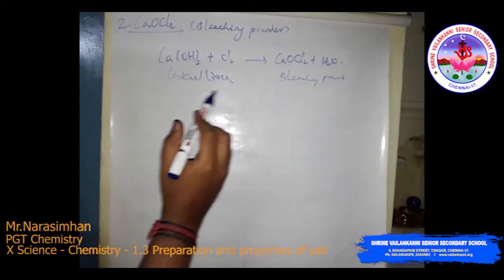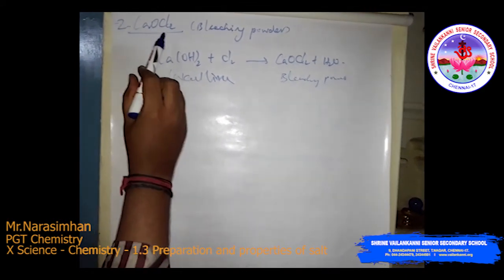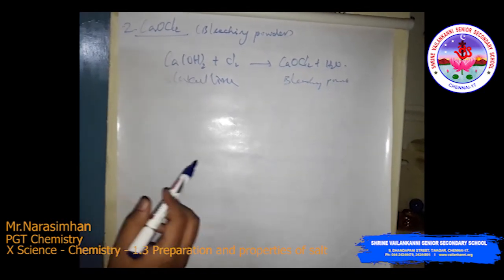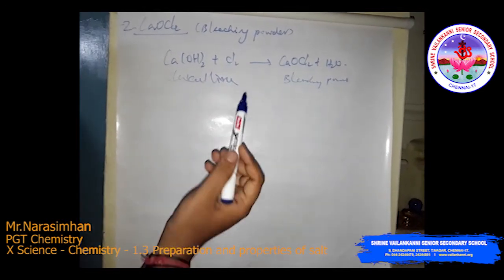This is the preparation method of CaOCl2, calcium oxychloride, calcium hypochlorite. Where is the bleaching powder used?